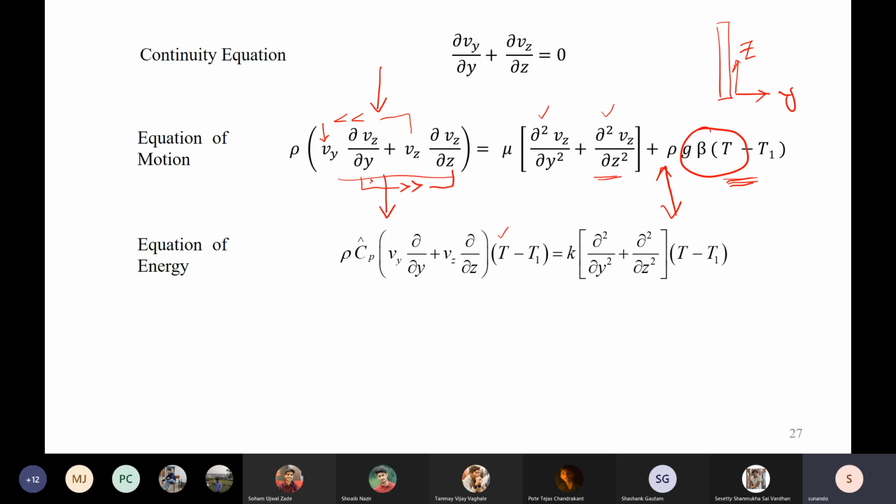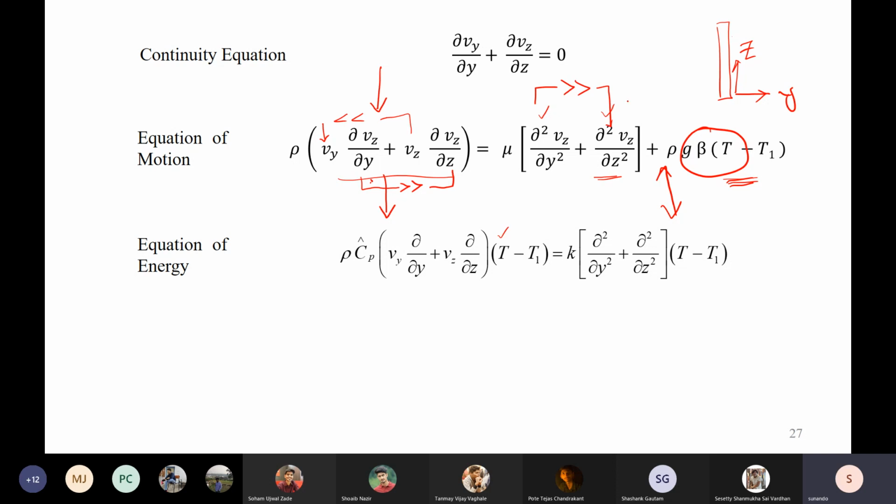Whereas in the z direction, the principal mode of heat transfer is going to be convection, and the velocity would not vary, or rather the gradient would not be as much as this. So this will predominate as compared to this term.